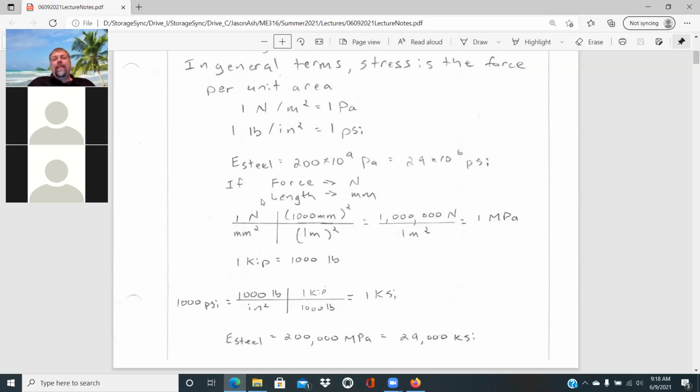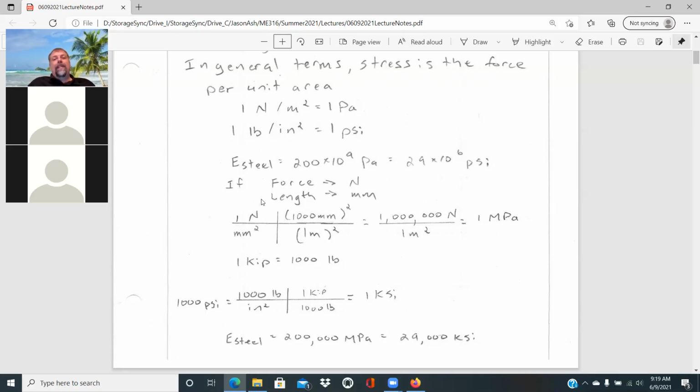So if instead of using newtons for your force and meters for your length, you use newtons for your force and millimeters for your length, your stresses and your Young's modulus values would then be in megapascals.